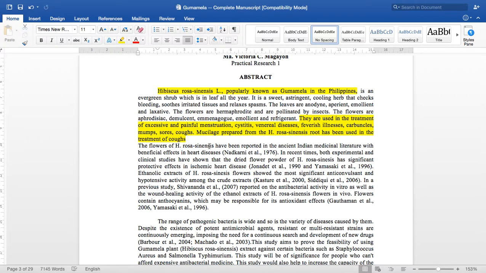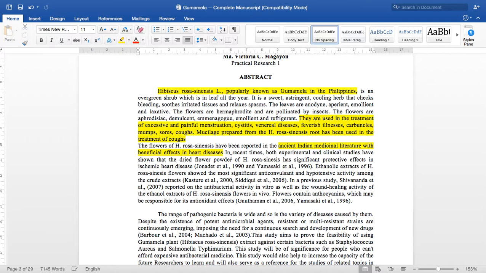Okay. So another one. Okay, this one is good. No abstract. Okay. This ancient and recent time. This one is good. Okay. So this one.